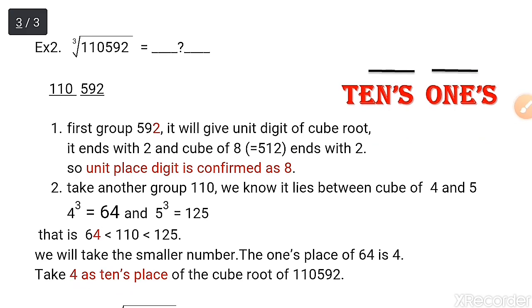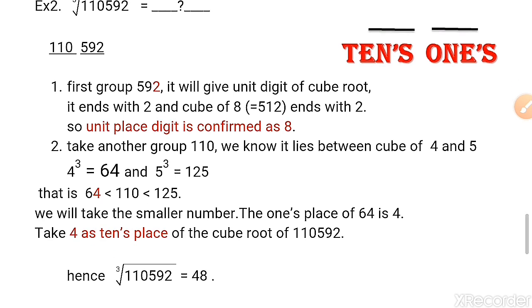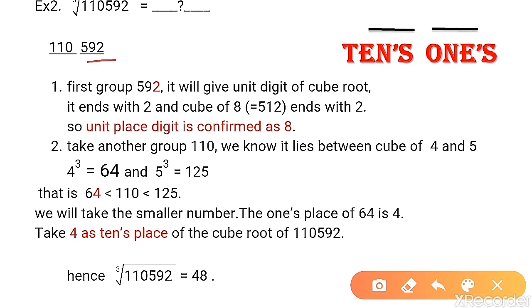Let's take another example: 1,10,592, and we have to calculate the cube root of the given number. First we make groups. We have two groups: the first is 592 and the second is 110.